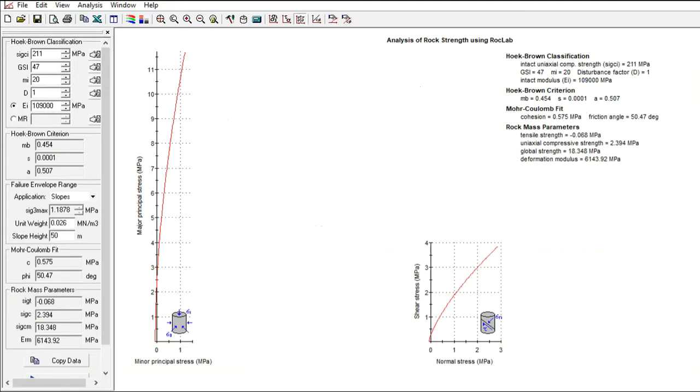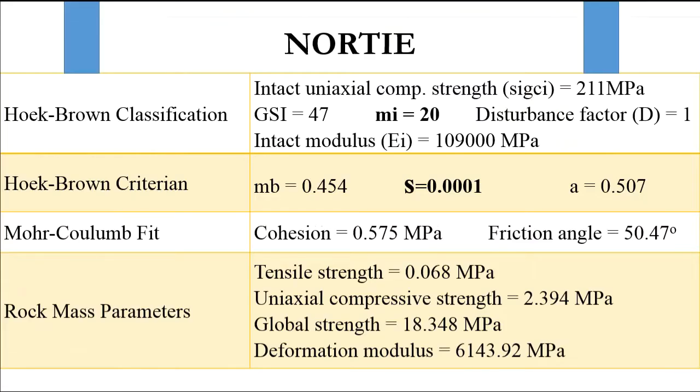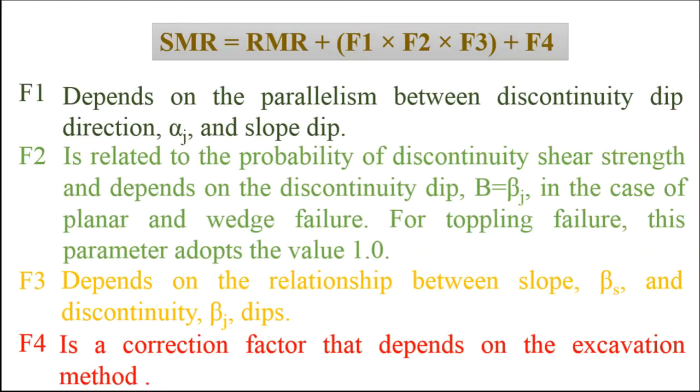After inserting these values into the software, it again converts the intact rock properties into rock mass properties, which are: cohesion is 0.575 megapascal, friction angle is 50.47 degree, tensile strength is 0.068 megapascal, UCS of rock mass is 2.394 megapascal, and deformation modulus is 6143.92 megapascal.